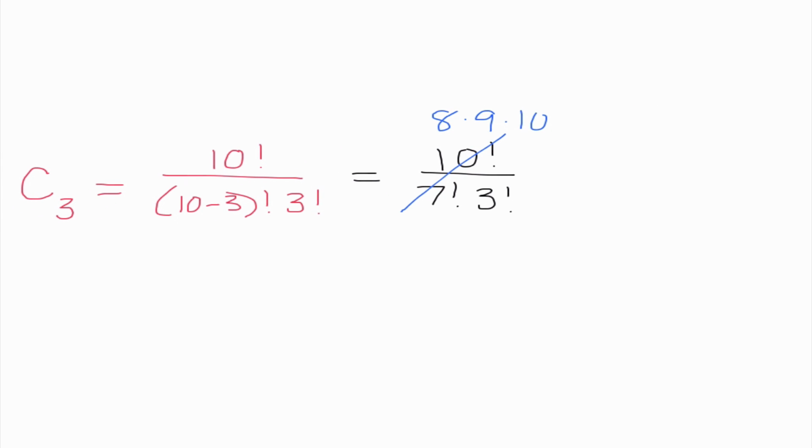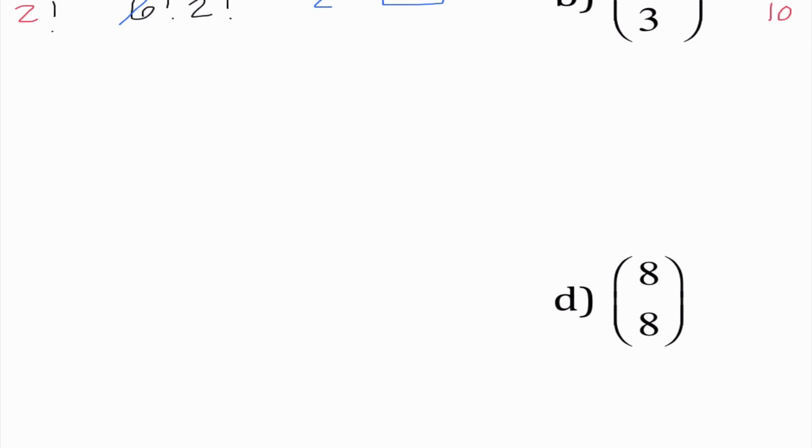So I have 720 over 3 factorial, which is 6. So I get 120 as my answer. We will learn later how this actually corresponds with what we're going to do. Okay. Right now we're just really practicing this concept.